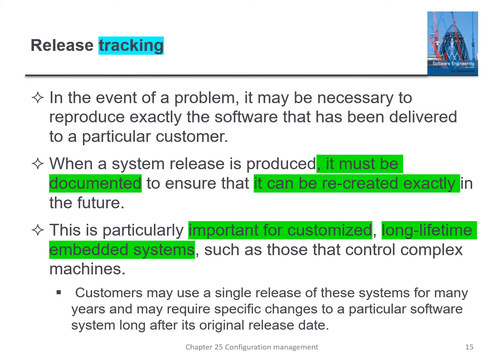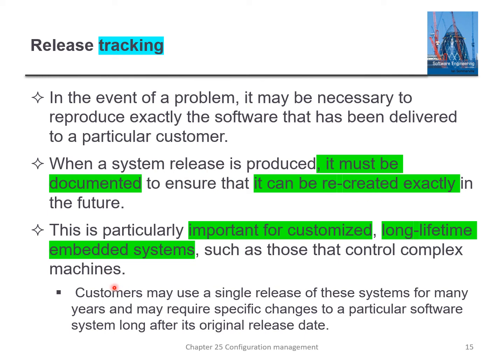And then you need to be able to do release tracking. In order to allow tracking, you need to document all the necessary items that I explained earlier. Why do you need to do this? Because if you have to do it again for a different customer, for example, it can be recreated exactly the same.